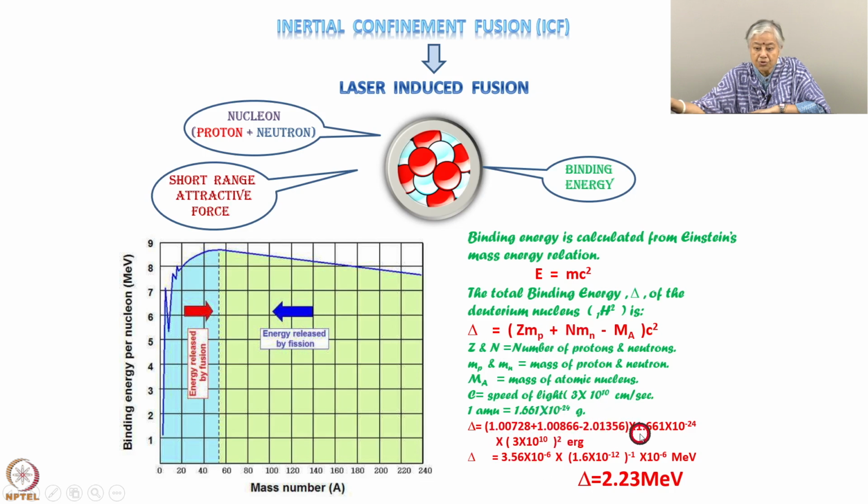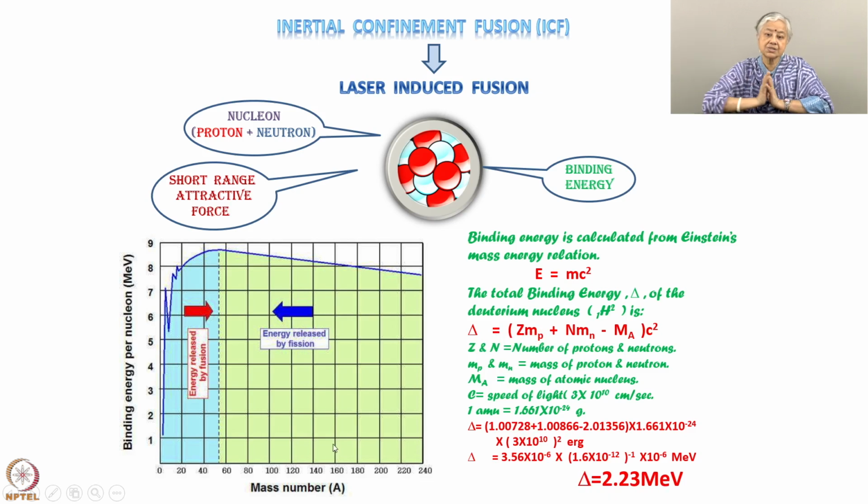Everything is in AMU and then multiplied by this in grams. So, you get the total energy, that is the binding energy, in ergs, and then if you convert it you will get it in MeV, million electron volts. Delta turns out to be, in case of deuterium nucleus, 2.23 MeV.